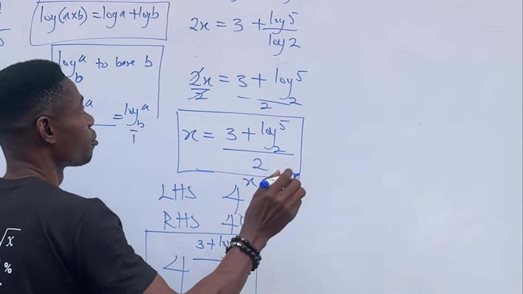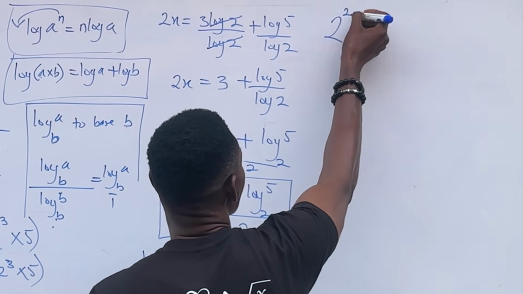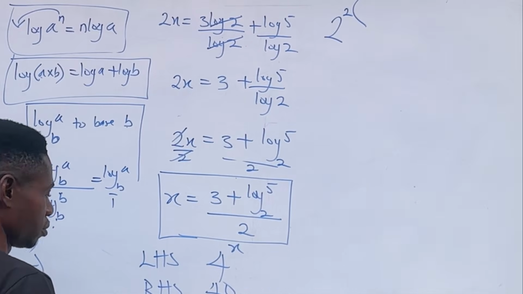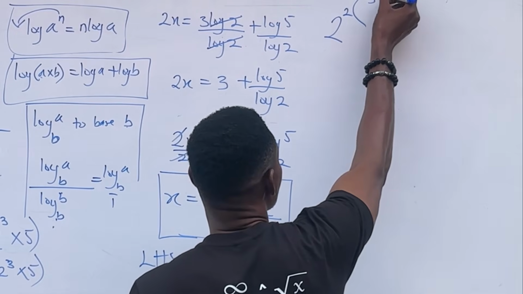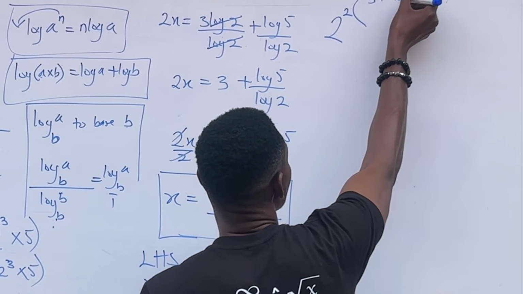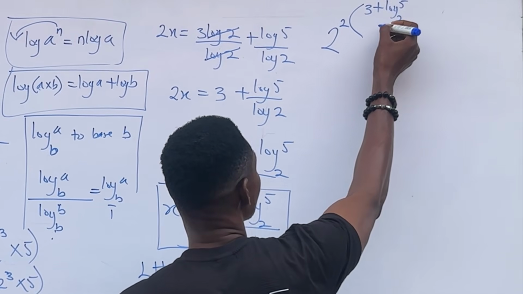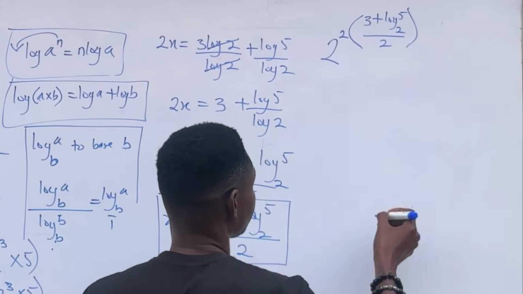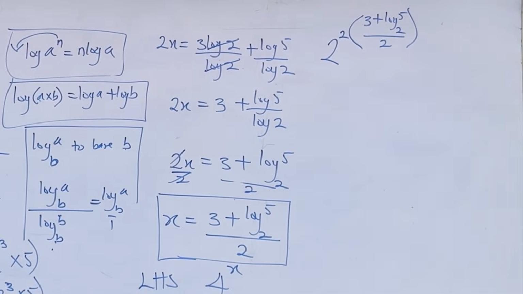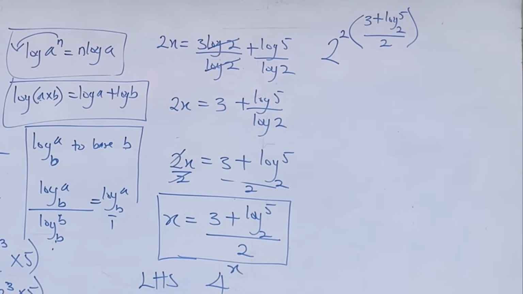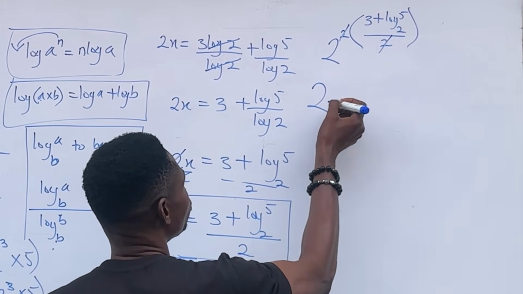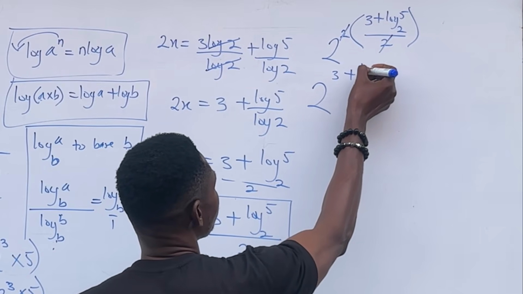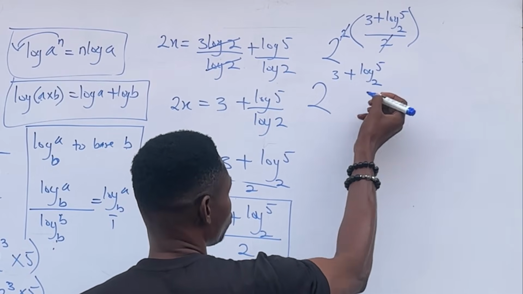So let's take this 4 as 2 raised to the power 2. Then our power is 3 plus log 5 base 2, over 2. Now this 2 can cancel this 2, and what we have left is 2 raised to the power 3 plus log 5 base 2.